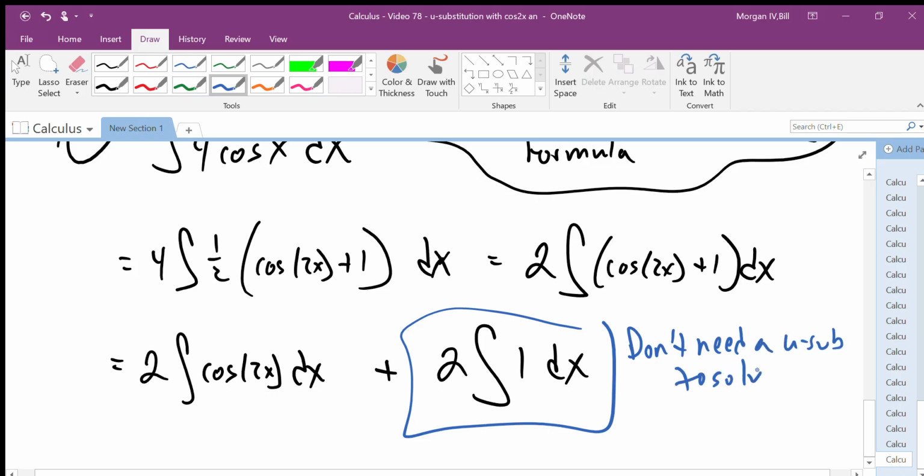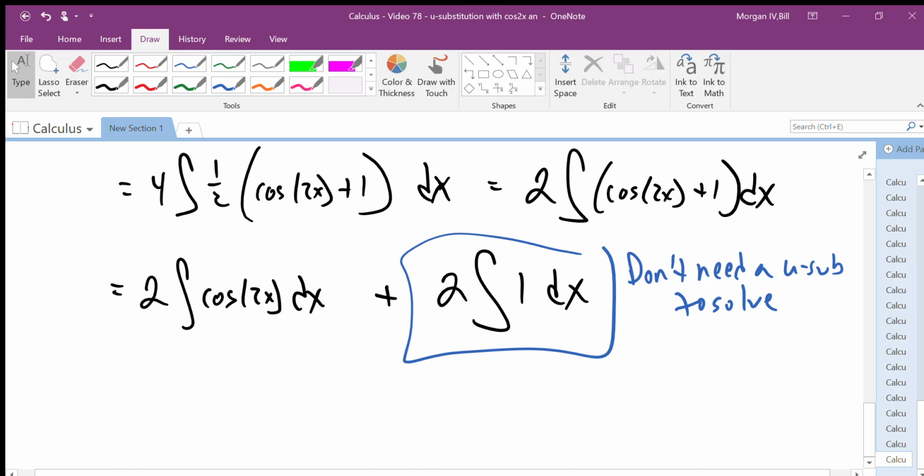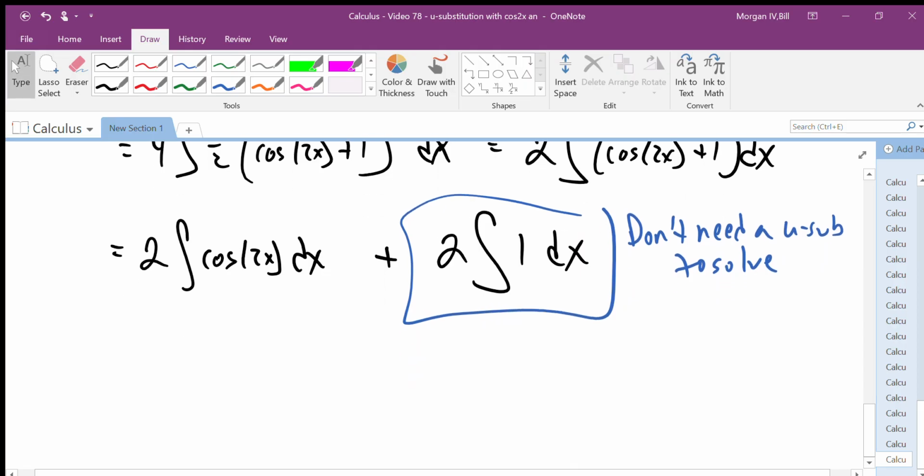So I'm splitting it off of the one I do need a u substitution because I can integrate 2 integral of 1 dx. It's just 2x plus c. Right, done. So I'm going to leave that one, and I'll just write it 2 integral dx for every step.